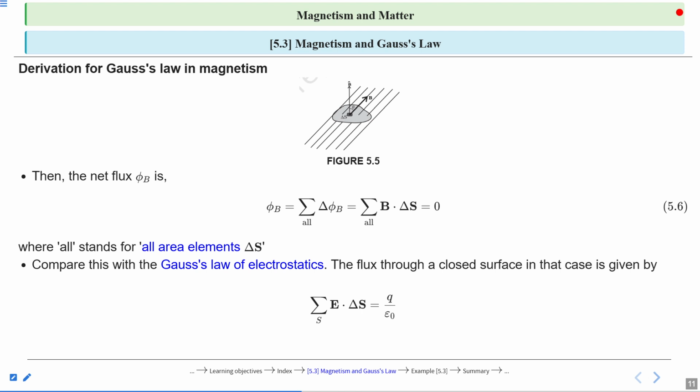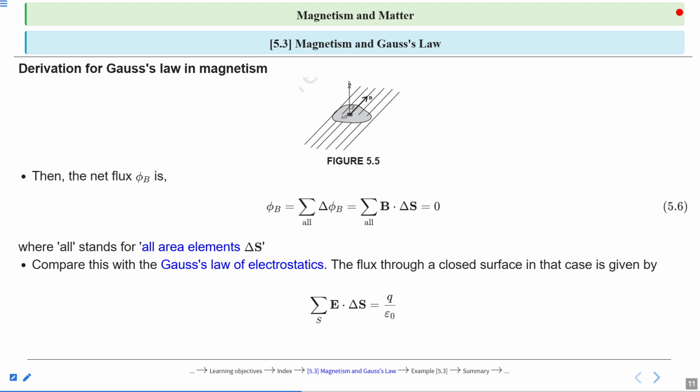That was equal to Q by epsilon naught. It can be 0 when Q enclosed is 0, when the closed surface is not enclosing any charge. Then the closed integral of E dot dS is equal to 0. But otherwise it results in Q by epsilon naught. But in magnetism, it is always 0.